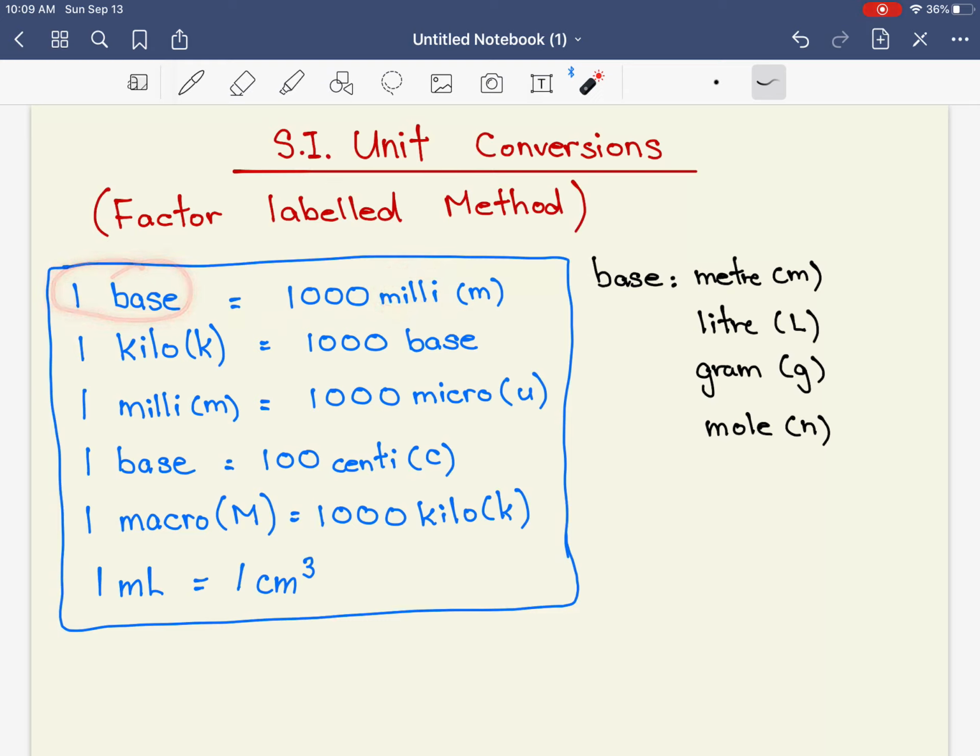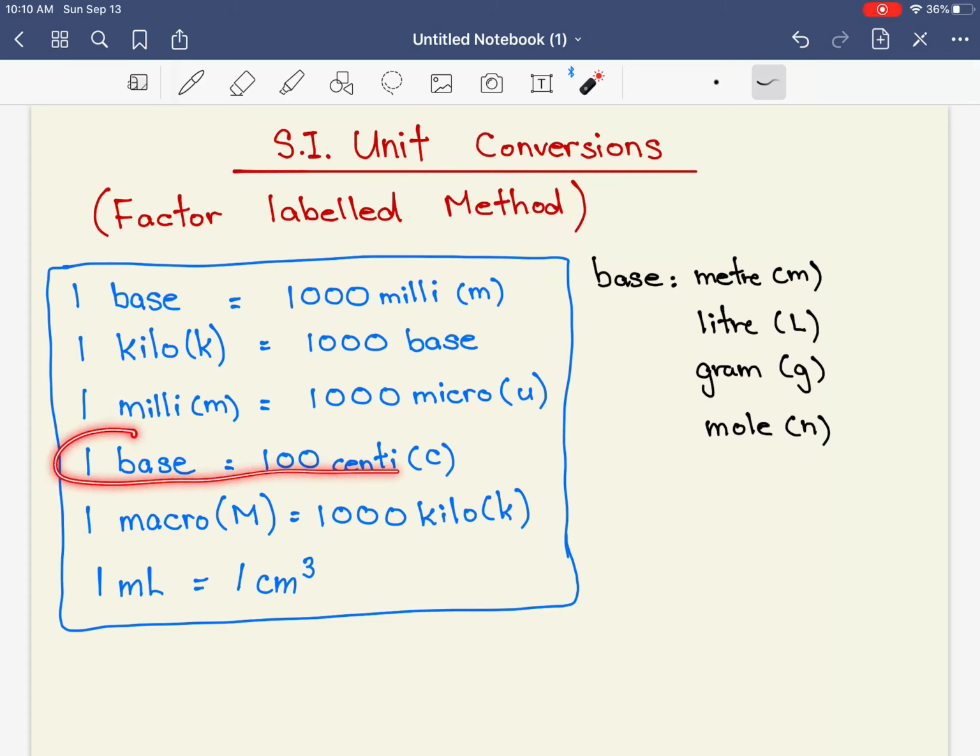You get it? 1 liter is equal to 1,000 milliliters. 1 gram is equal to 1,000 milligrams. 1 mole is 1,000 millimoles. So that's how you would use this.